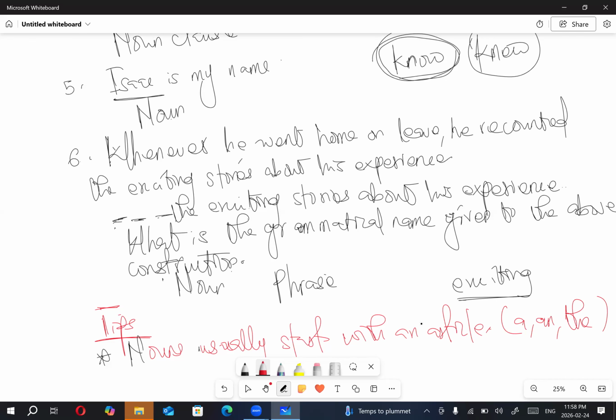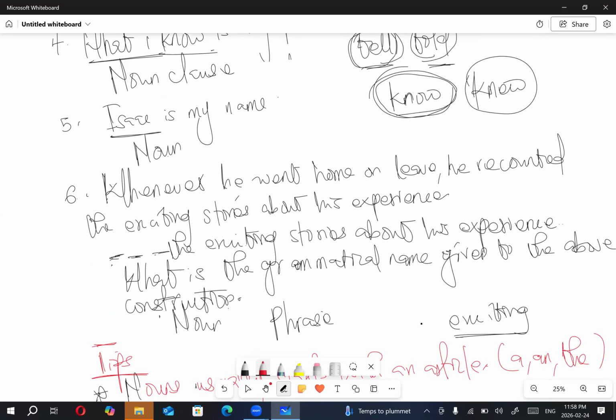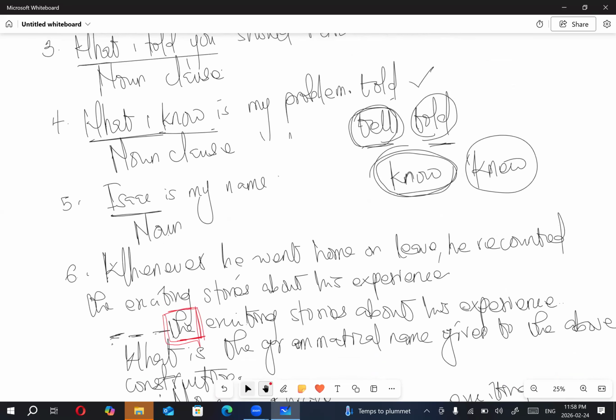It is, because if you look at the examples, even the past question, what's happening? It's starting with an article. So after I've been able to tell whether it's a phrase or a clause or just a mere part of speech, how do I know it's a noun? Because we don't just have noun phrases and clauses, we have adjectival phrases and clauses, same as adverbs. Well, it's a noun because it's starting with an article, right?